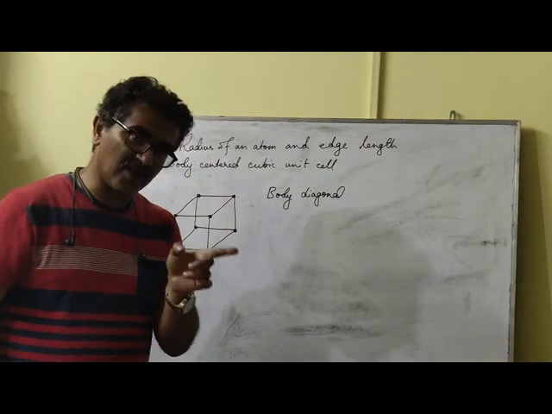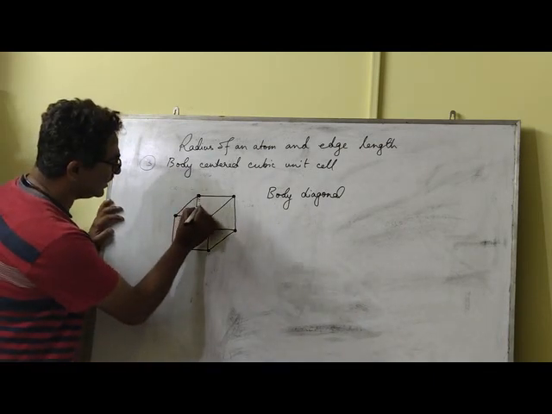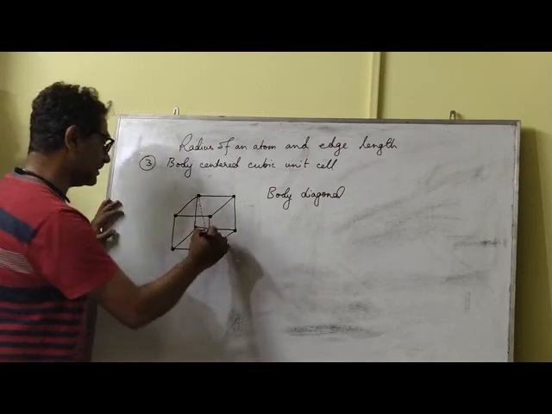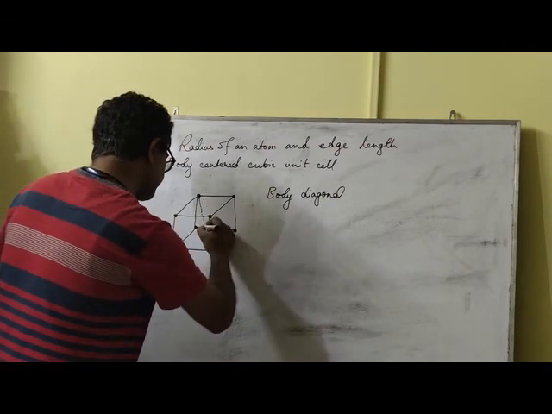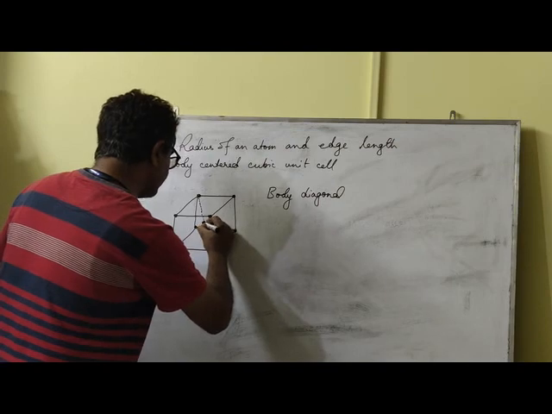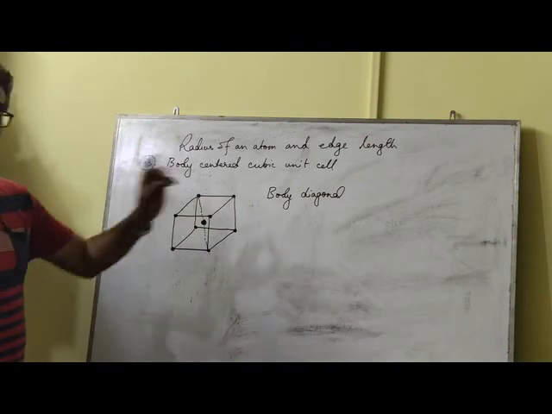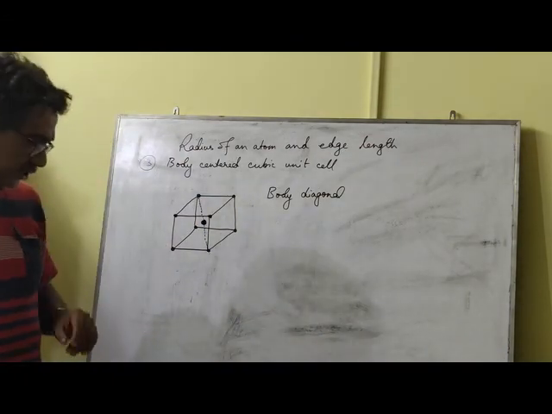I'm drawing it using a dotted line. So this is a body diagonal, and at the center of this, we have the atom which is inside the body of the cube.